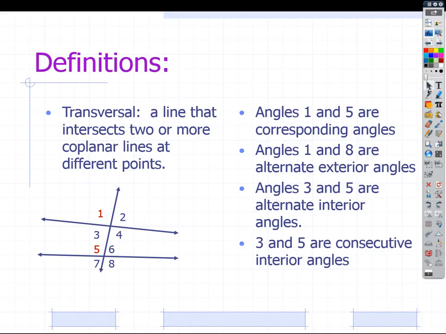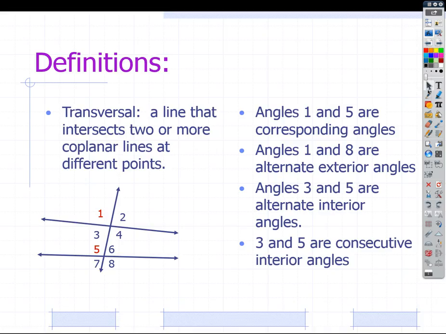Okay, good. They are in the same positions relative to the transversal, right? So in this case, they're all in the upper left. Another way to think about that would be, what if I took the bottom line and I just kind of moved it and dragged it up so it covered up the top line? What would happen to angles 1 and 5? They'd be the same. They'd overlap, wouldn't they? Okay, so therefore they are corresponding angles, right?